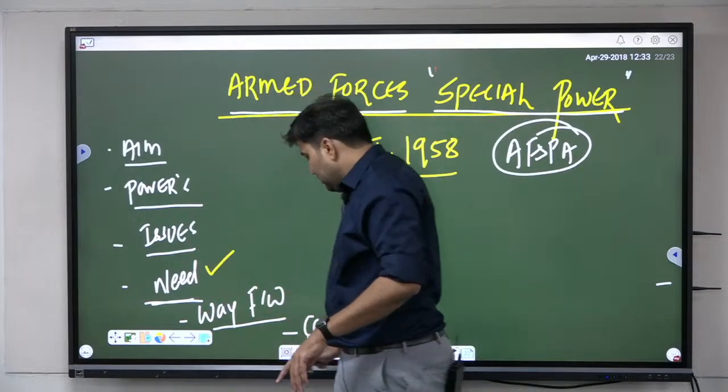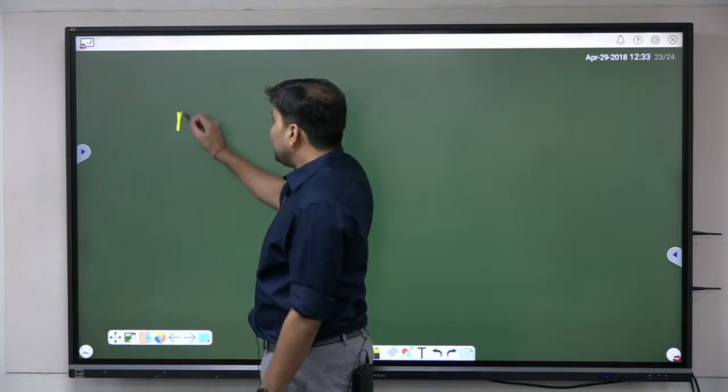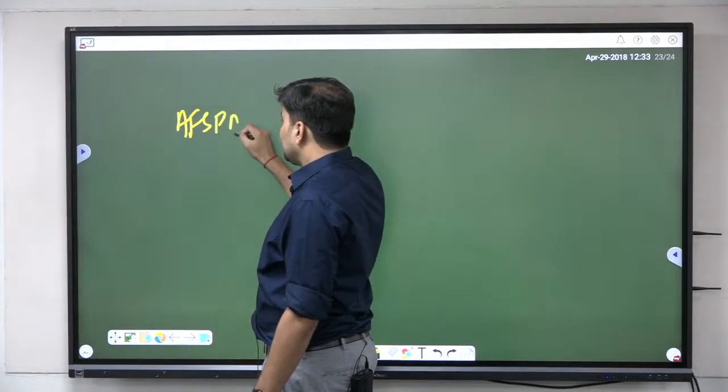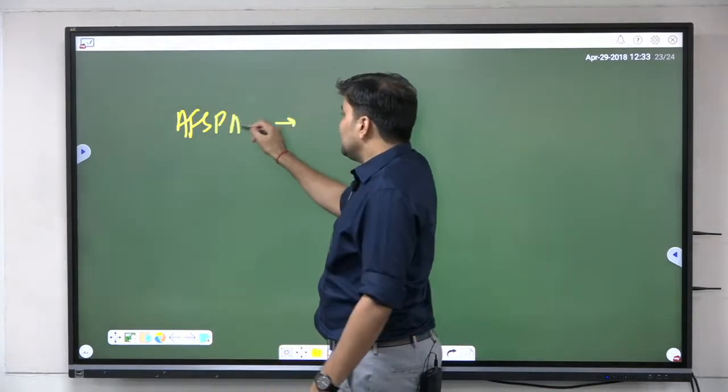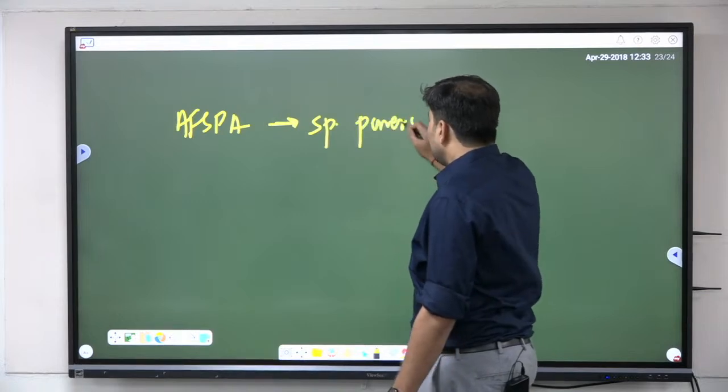So the objective of this Armed Forces Special Powers Act is as follows. AFSPA is an act, don't write, first listen, which provides special powers to whom?